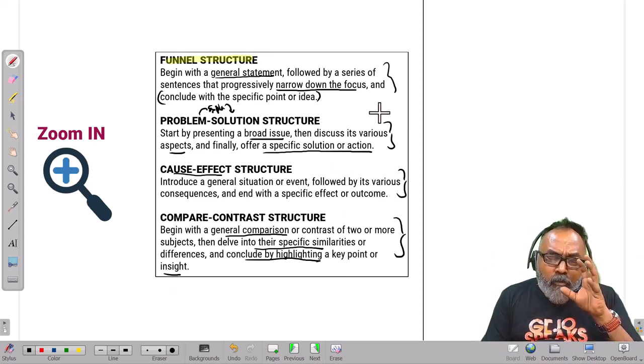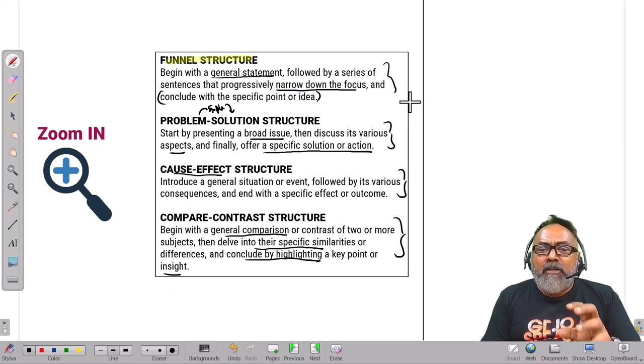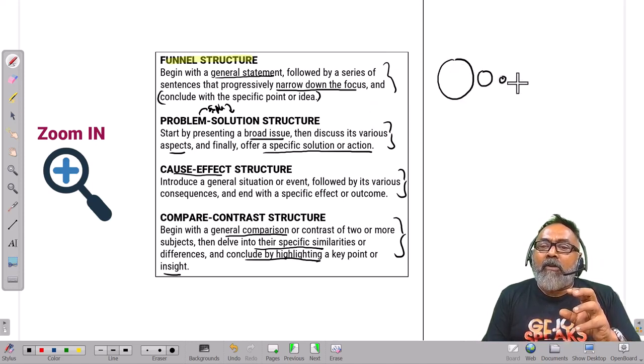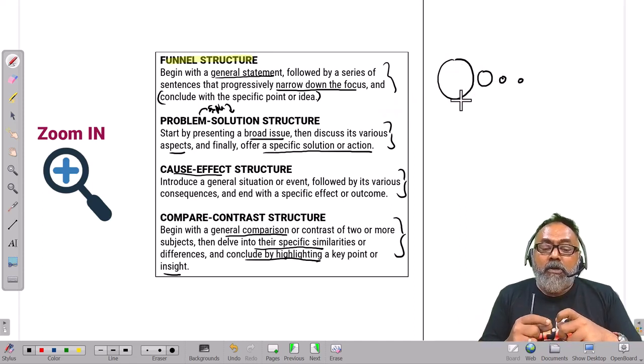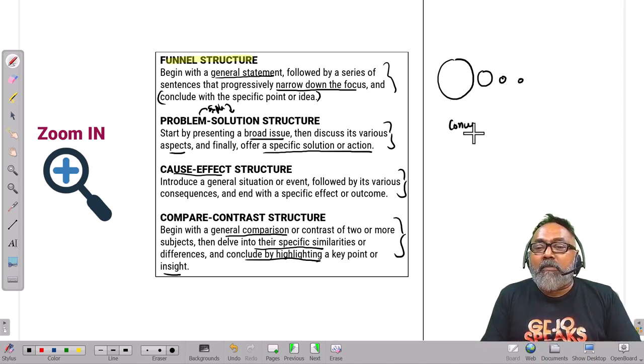Exactly how the author is going to deal with each of these is generally up to the author. But what we will have to bet on is that it's going to start broad and the focus will become narrow. Focus becoming narrow does not mean that sentences are going to become narrow. It is just that it's going to explain something. For example, I give a concept, and then I give an example of that concept.